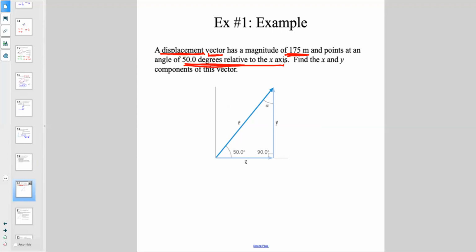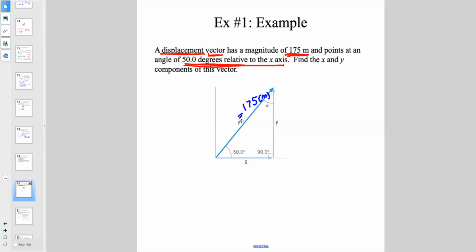You know the magnitude of the vector and the direction it is at. Now I have given you enough information. The question is asking, find the x and y components of the vector. So I have the x direction right there, the y direction right there, and my vector, 175. I know r, we're just showing it with r, you can show it with anything. So it is 175 meters.